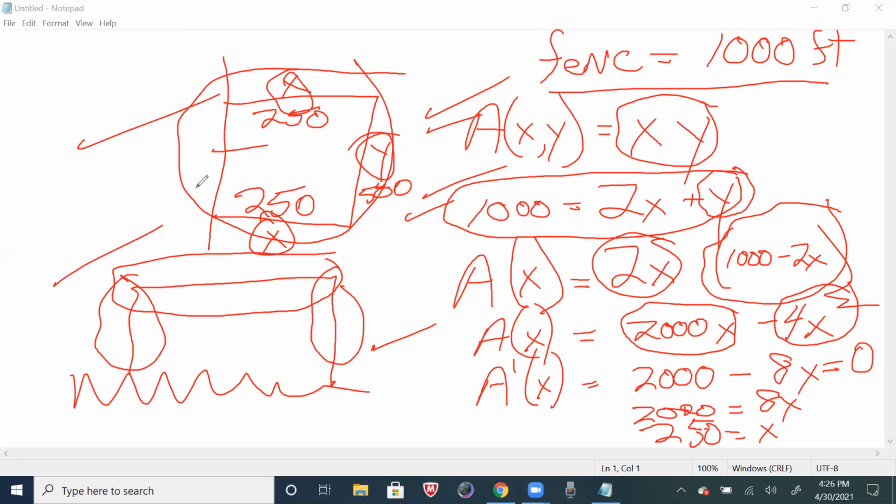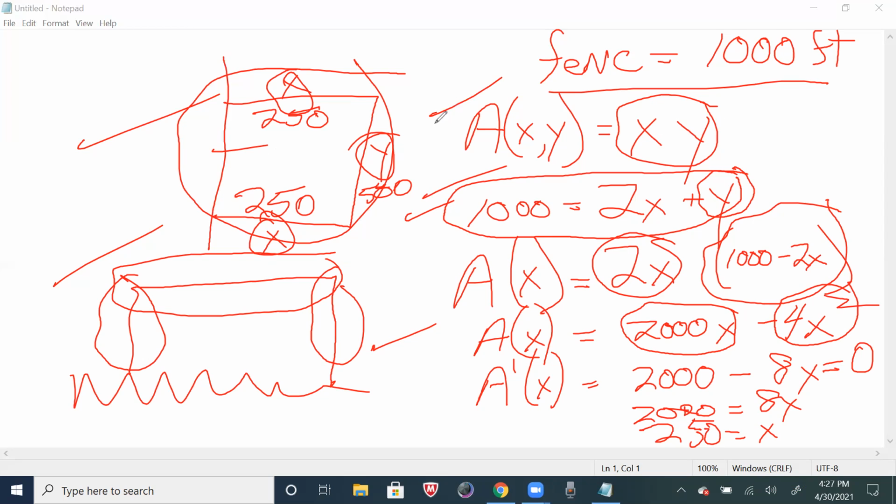Yeah, the one clue I can give you is that when you're setting up the original formula, that's what you're trying to optimize. They want you to optimize the area. They want the maximum area. So you need the area function. And in this case, it's a function of two different variables.